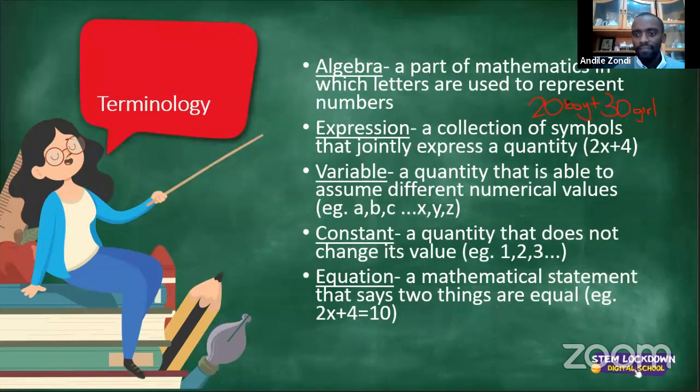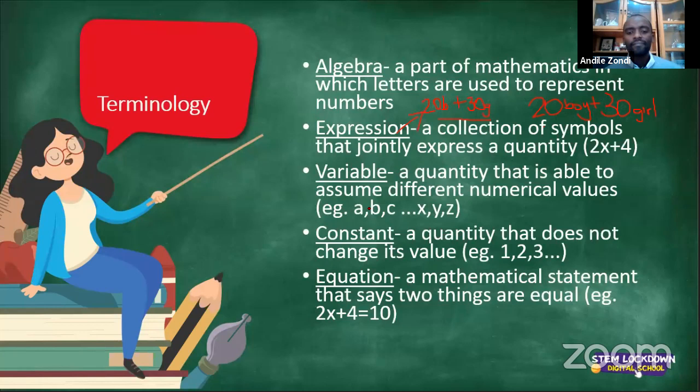Let B represent boys and G represent girls. So you can write this as an expression: 20B plus 30G. This is an expression, meaning in a class there's 20 boys and 30 girls. Notice I'm using numbers and letters, because this is algebra. So this is called an expression.